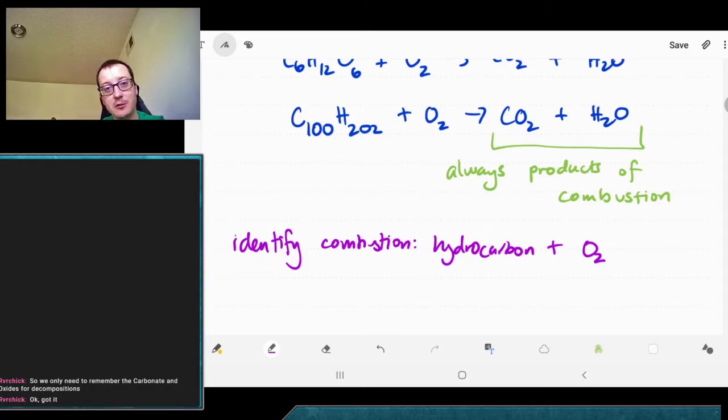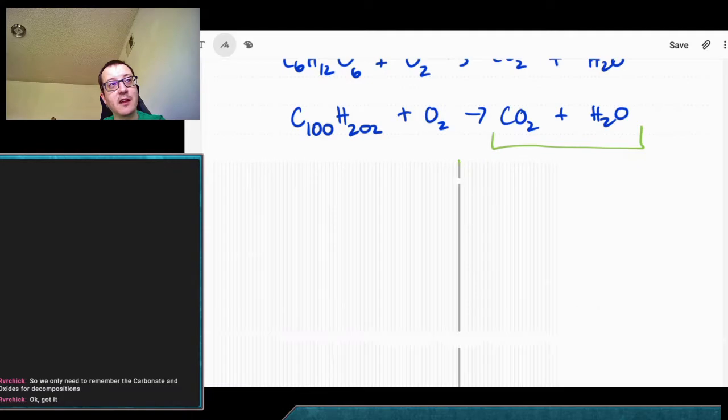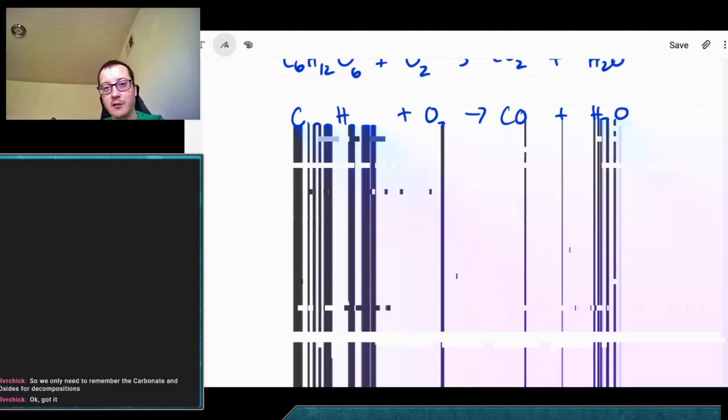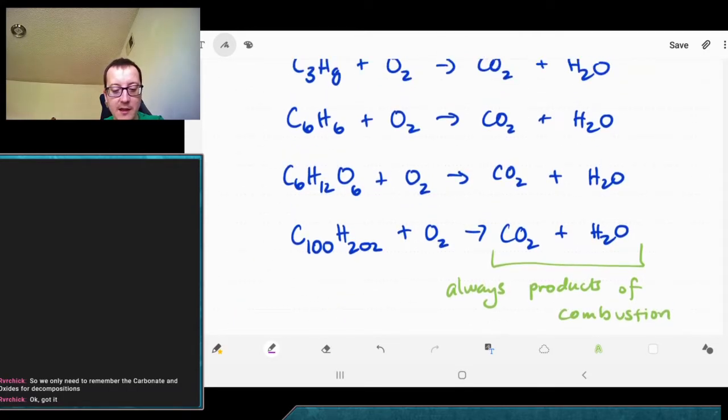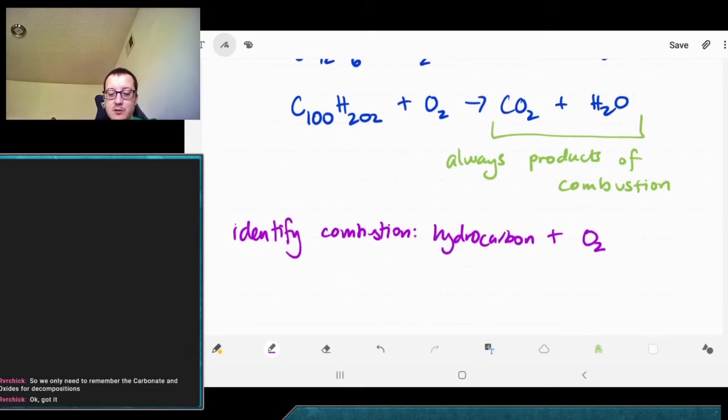If you see those two as your reactants, it's a combustion reaction. And so remember, hydrocarbons are going to have hydrogen and carbon. Sometimes they'll have oxygen, or sometimes you'll have other random elements, but as you can see here, it's mostly carbon and hydrogen. Sometimes you'll have other little bits, but you always produce CO2 and water when you do this. So the last of the easy ones for us.